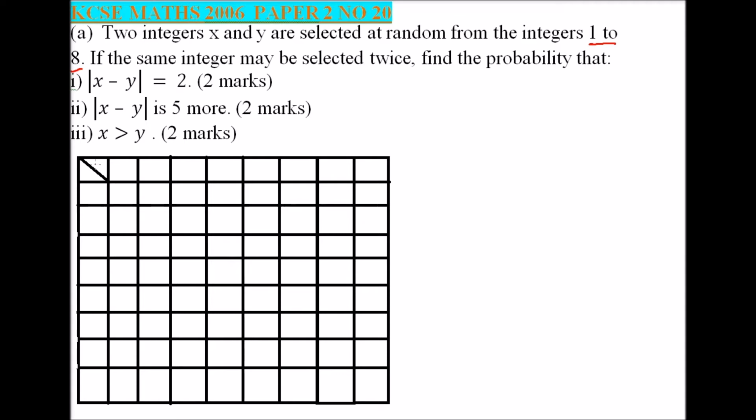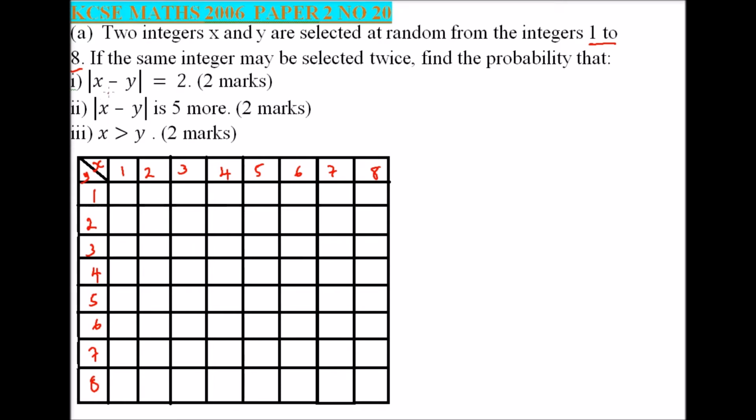So we are going to put our x there, and this is our y. So this is 1, 2, 3, 4, 5, 6, 7, and 8. Then the y, 1, 2, 3, 4, 5, 6, 7, and 8. So we now have our integers.